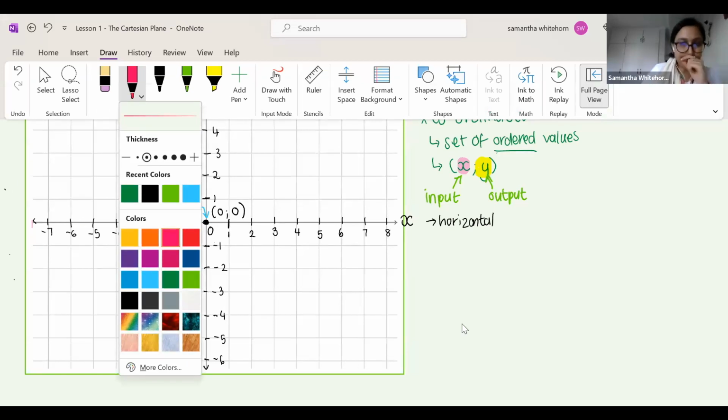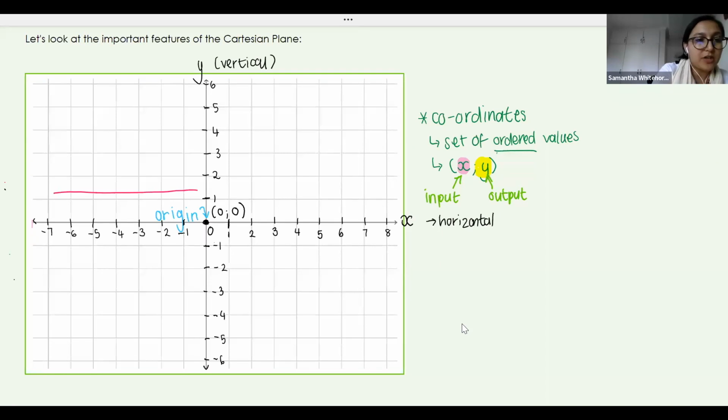Exactly. So when I go to the left of the origin, these x values are all negative. And when I go down from the origin, these y values are now all negative. So exactly what you said.